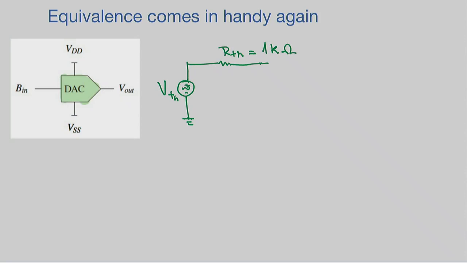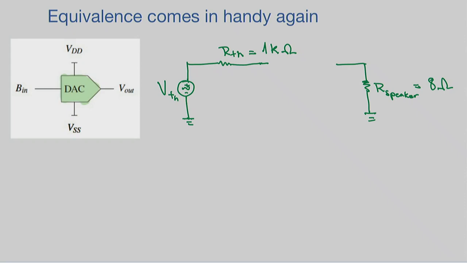Okay? Then we have that model, and for our speaker, we have the model of just having one resistor, which is the resistor representing the speaker, and that resistor, speaker, is typically of 8 ohms.